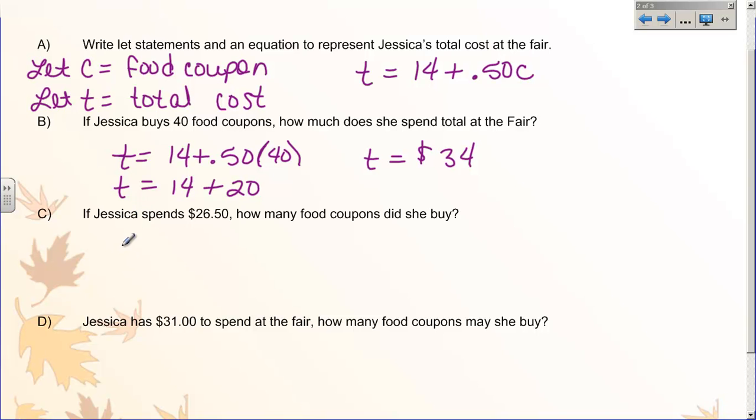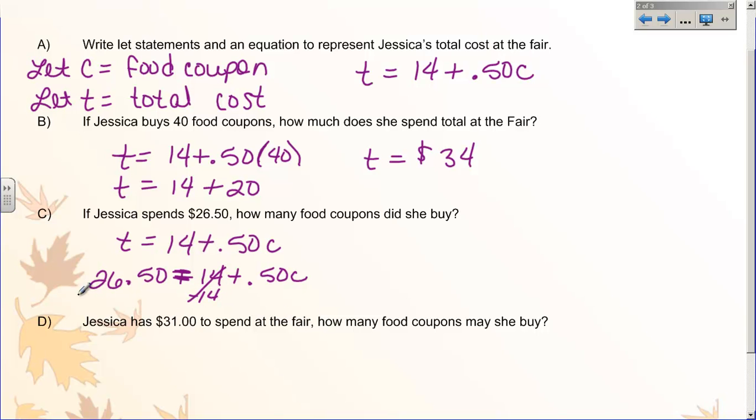So, part C, if Jessica spends $26.50, how many food coupons did she buy? Now we're working backwards. This is our original equation. And we know that her total was $26.50. That's an equal sign, not a plus sign. So I want to solve this for C. Step 1, subtract 14 from both sides.